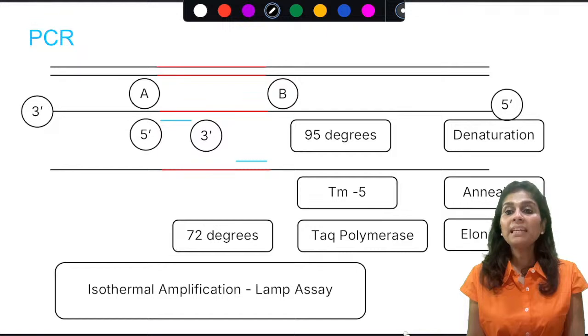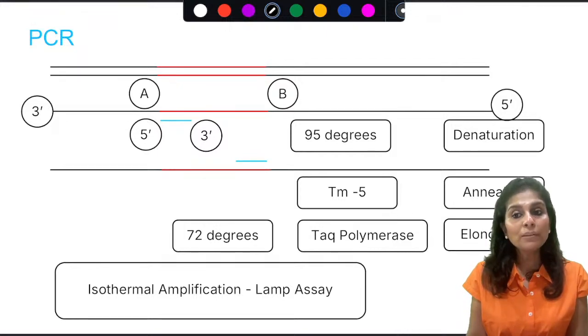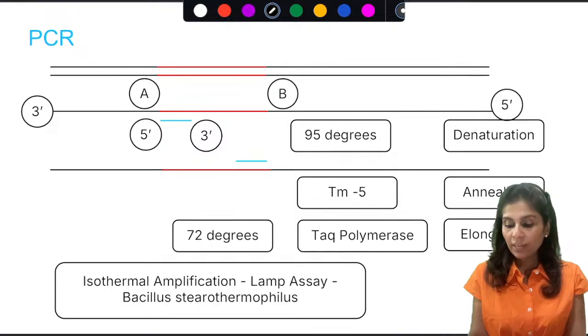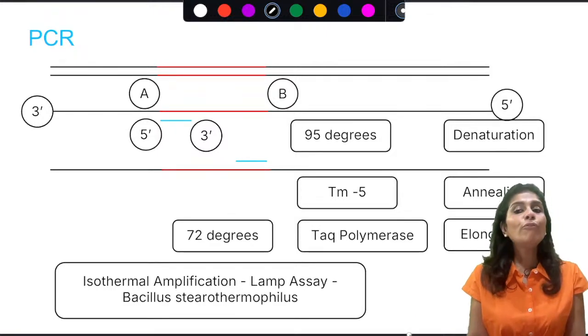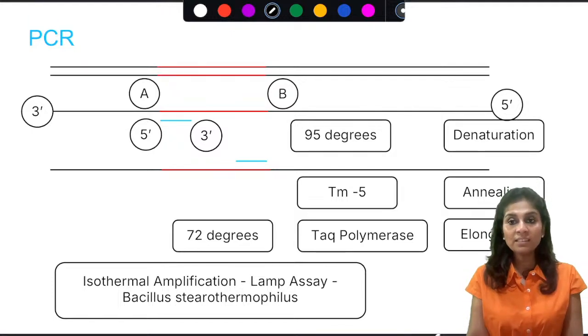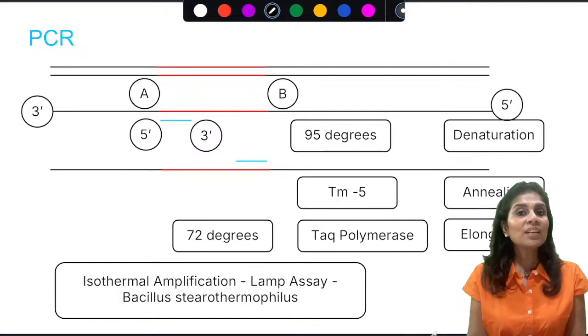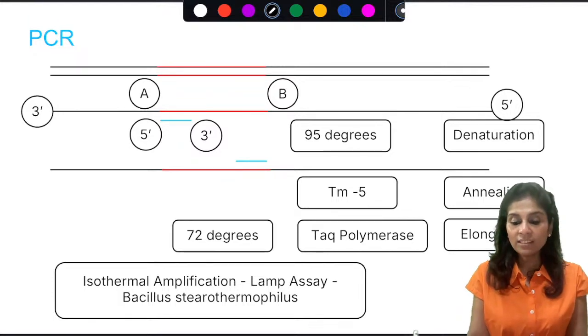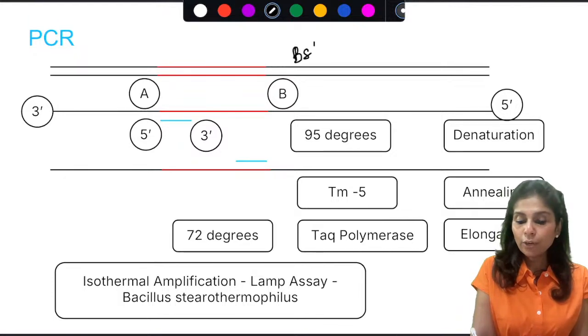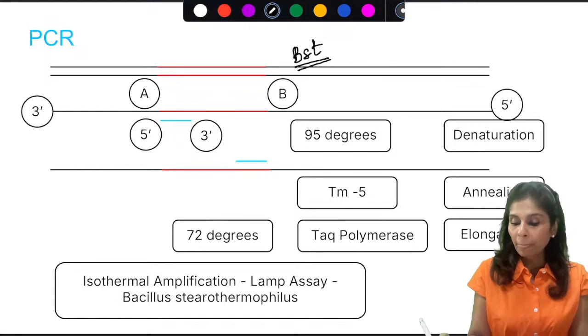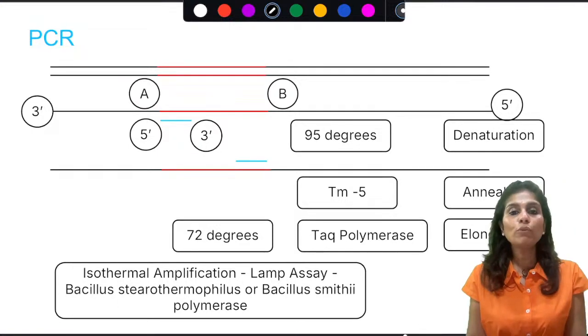So what do you mean by LAMP assay? LAMP assay is loop mediated amplification assay, for which you cannot use Thermus aquaticus DNA polymerase. We need a special DNA polymerase which is extracted from an organism called Bacillus stearothermophilus, or Bacillus smithii.